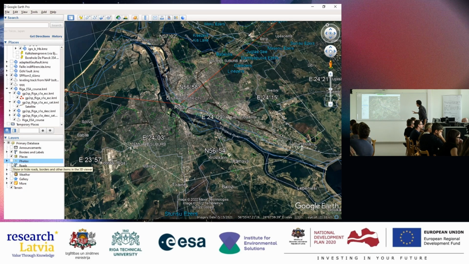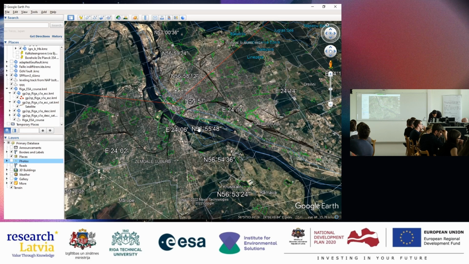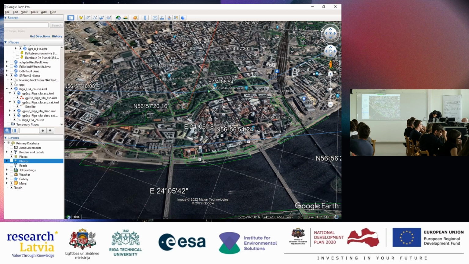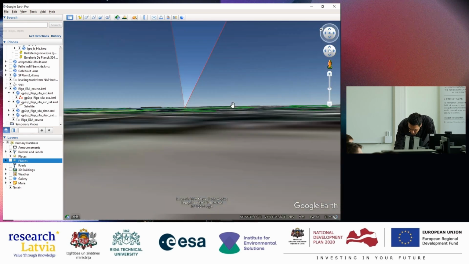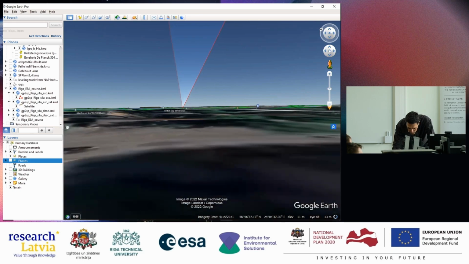It's a bit difficult to see with the browser, but there's a plane over here. So the red lines are the lines towards the satellite. I didn't know exactly where we were, so I just picked a point here in the center somewhere. So if we look at the ascending orbit or the descending orbit, we're looking at this point in the sky.